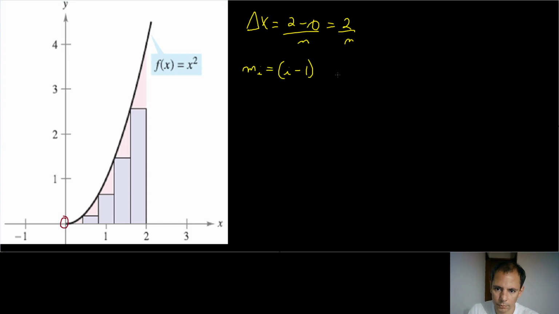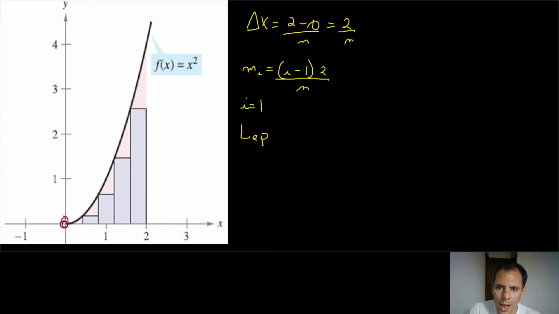Hold on. Okay, so you have this 2 over n, times i minus 1. i is going to start with a 1. Since this is the left endpoint, you want the first one to be 0. See that starting at 0 here? It's starting at 0.